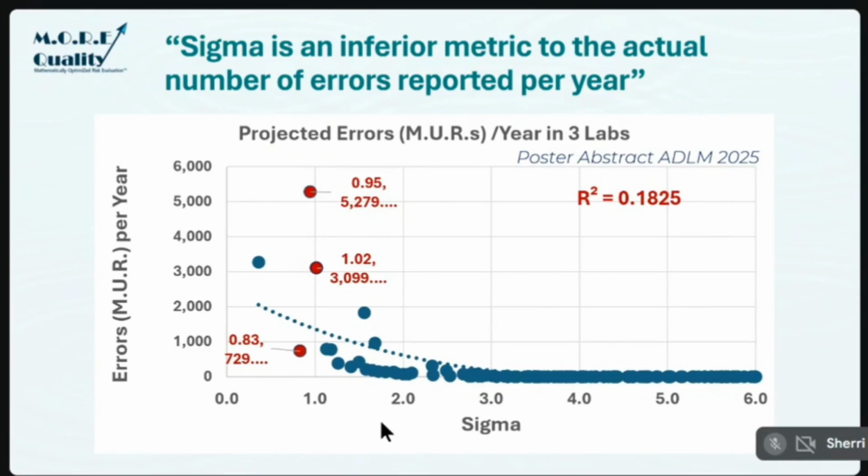If you report 100 patients a day, it will take you 27 years to get to 1 million patient results. If anybody was saying, what's the best metric to measure patient risk, I don't think anyone would come up with how many errors there are every 27 years.